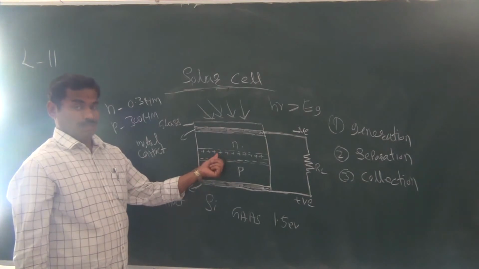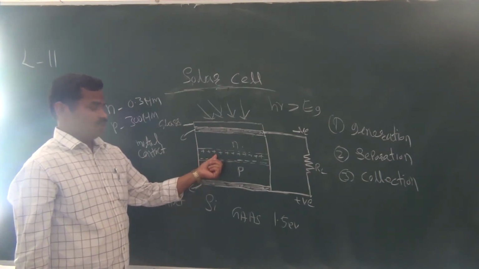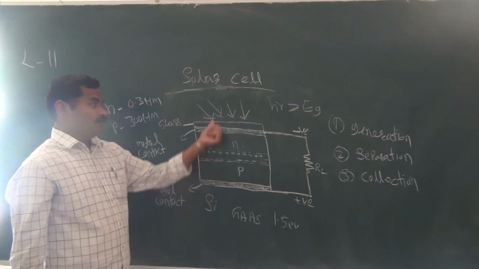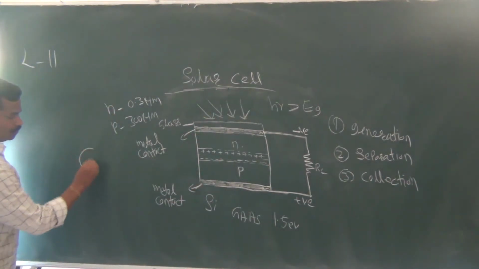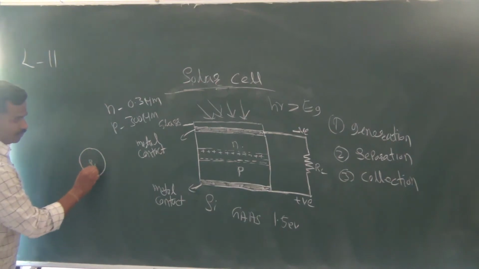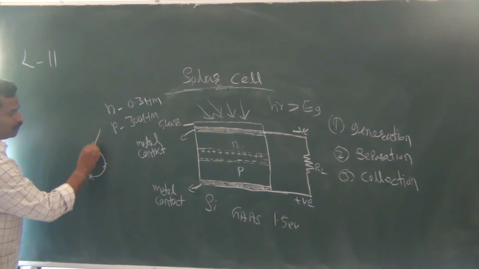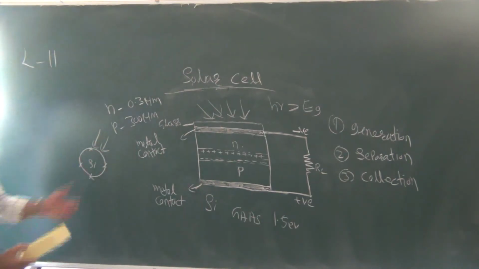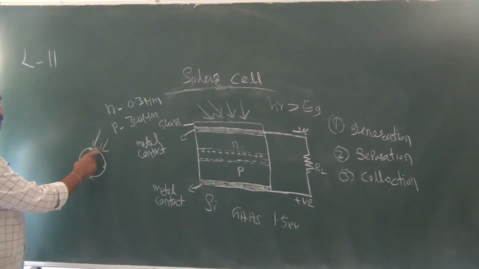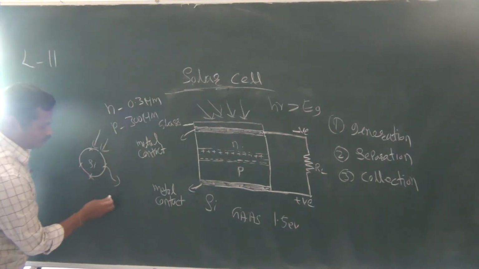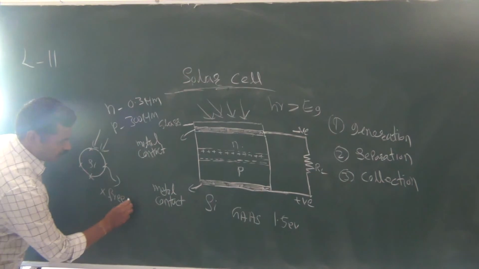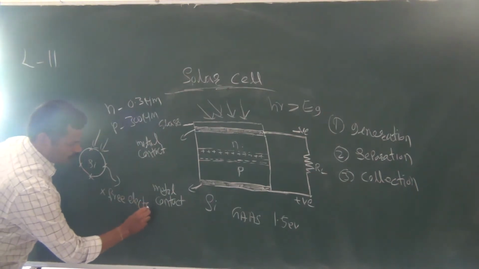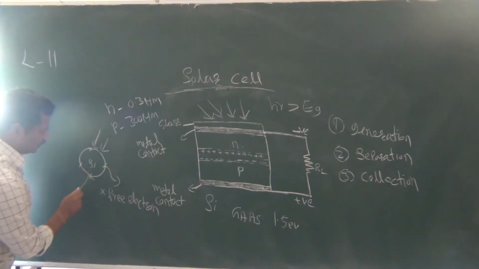In the depletion layer there are neutral atoms, that is, silicon atoms, each having 4 valence electrons. If you apply high light energy, an electron will come outside; this electron is called a free electron, and the atom left behind acts as a hole.